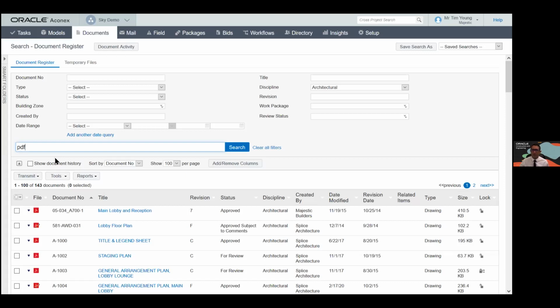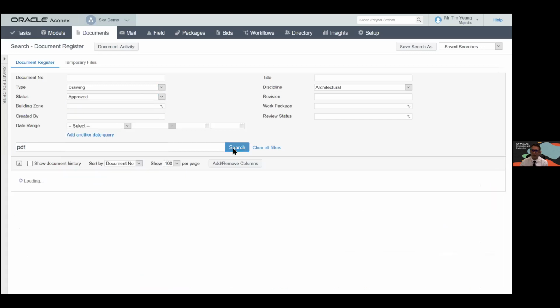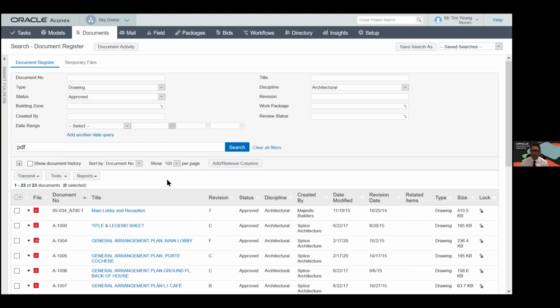So you could then say, okay, fine, but I do remember it was an approved document. I know for sure it was a drawing. So you could apply other filters. And now you've got 23 documents that you've just narrowed down. And now this is where you need to ask yourself, okay, what was it in relation to? Was it something to do with the reception, the balcony?